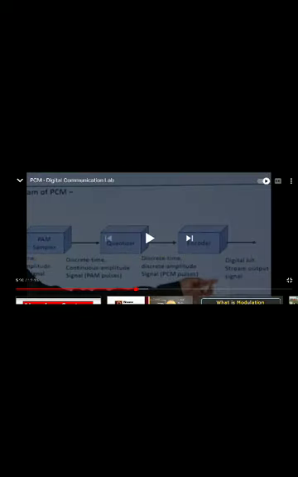We have already discussed the block diagram of the PCM system. Let's see the circuit.